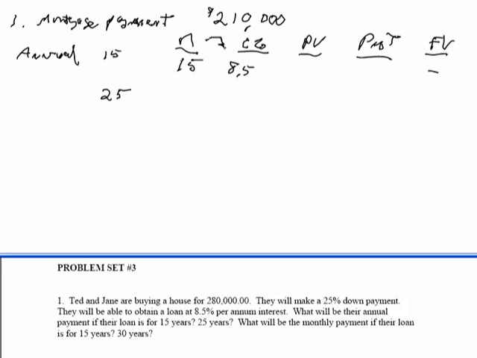Now N and I are in the same units, years and years, so we're in good shape there. And the PV is 210,000. I'll leave that as a positive, representing money coming in or cash flow in. And you compute the mortgage payment, and that should be negative 25,288 and 30 cents.